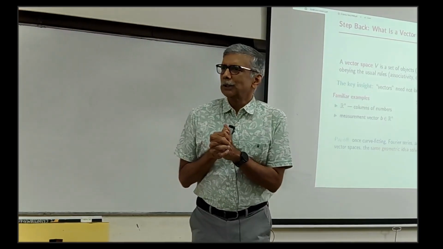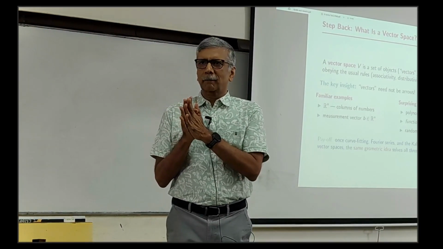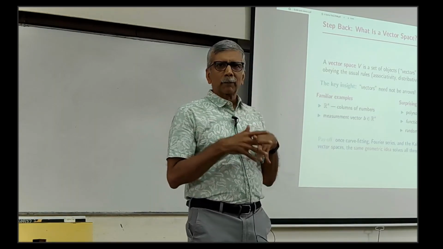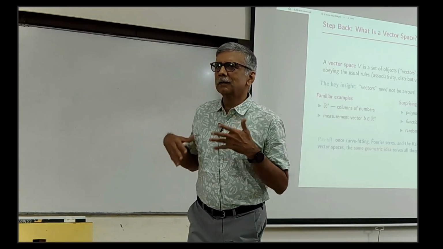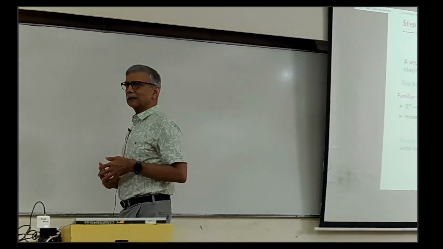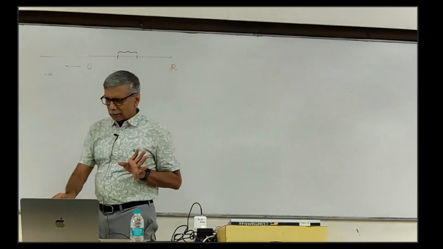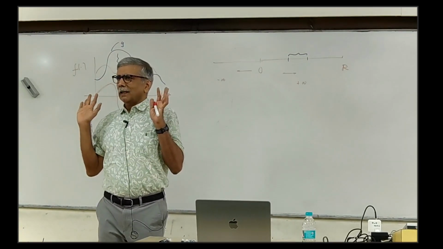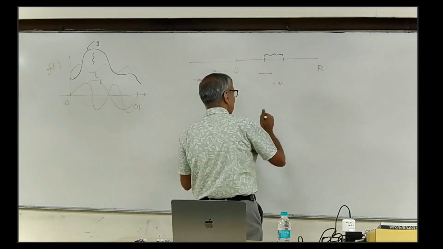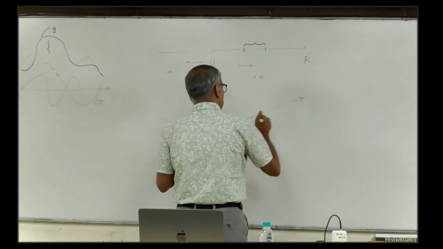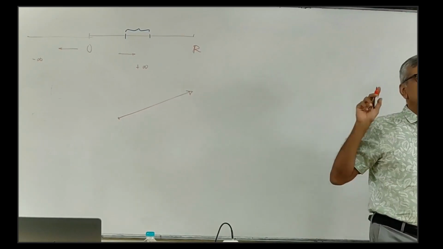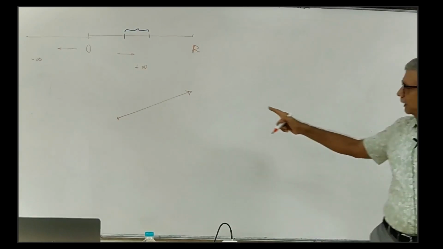And to do that, why did I digress into all this? I need a notion called a vector space. Because all that we study as row vectors, column vectors, maybe real or complex, form a vector space, but unfortunately, the notion of a vector in our heads is always a directed line segment. So the minute you talk of a vector, the first idea you have is an arrow.